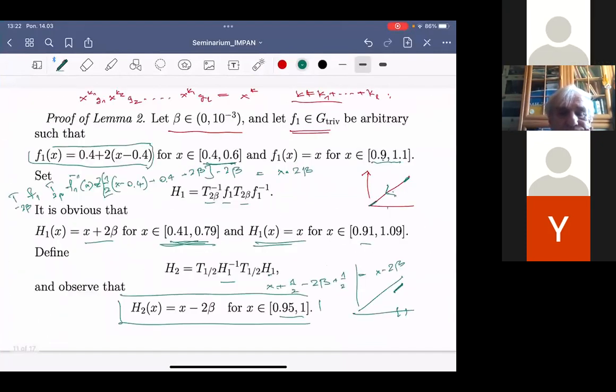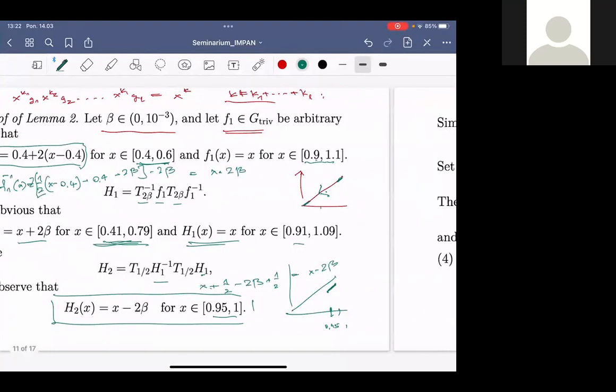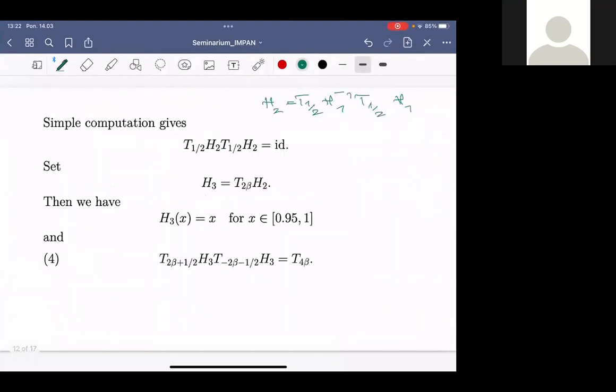So this is the formula for H2. As I said, the crucial thing was to obtain that H2, which was on the interval from 0.95 to 1, that is x minus 2 beta. And now we obtain a nice identity.